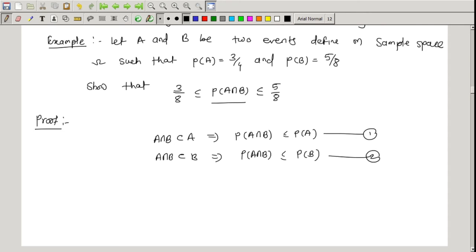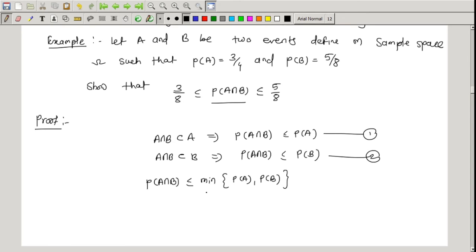This is my equation number 2. So according to this, I can write this as probability of A intersection B is always less than or equal to the minimum of P of A and P of B.